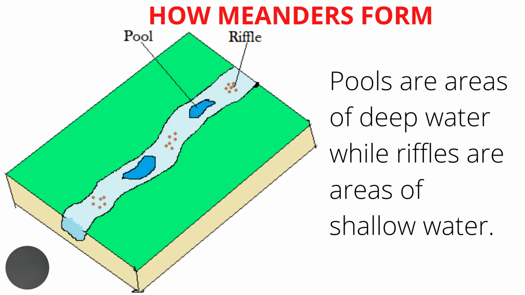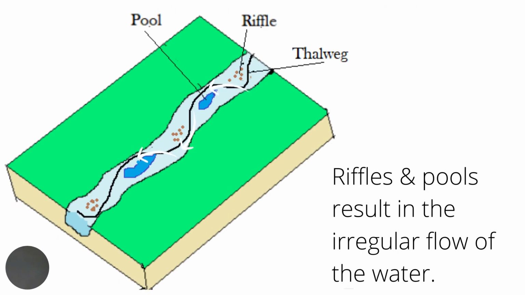Now, there are a lot of explanations for the formation of meanders. One explanation is that the meanders develop in relation to pools and riffles in the channel. Pools are areas of deep water, while riffles are areas of shallow water. The existence of pools and riffles cause an irregular flow of the water.